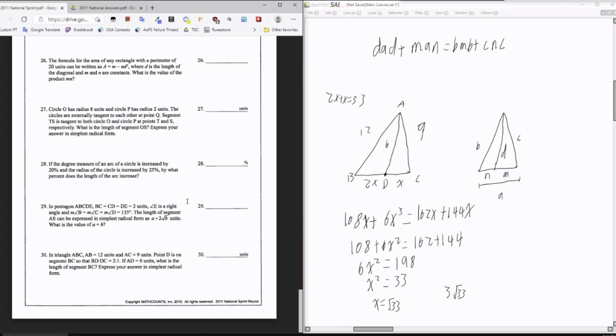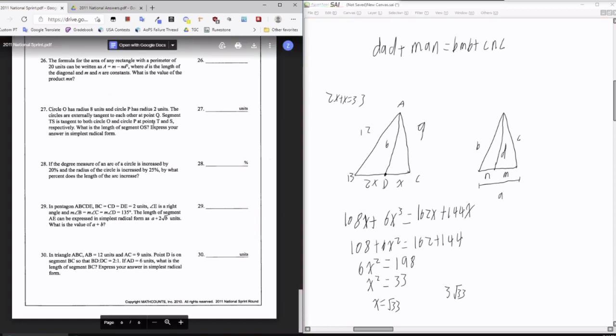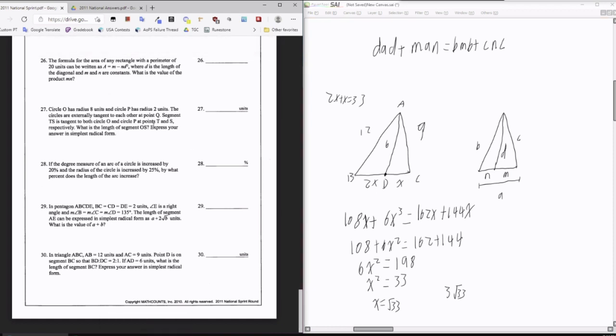Okay, that's all of 2011 National Sprint. Do you want to do 2011 Target next? Are you asking me or Ishan? I'm not sure who I'm asking. We usually move on to targets, but if Ishan wants to do something else, we can do that too.